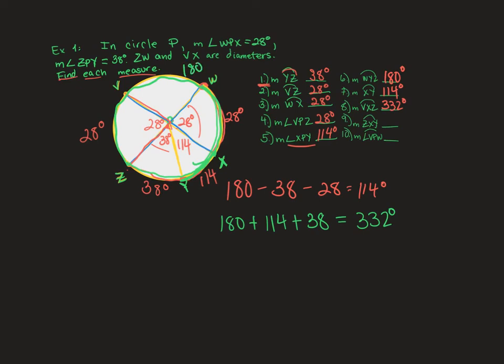W to X is 28, so it's 180 plus 28, and then X to Y is going to be 114, which equals 322 degrees.